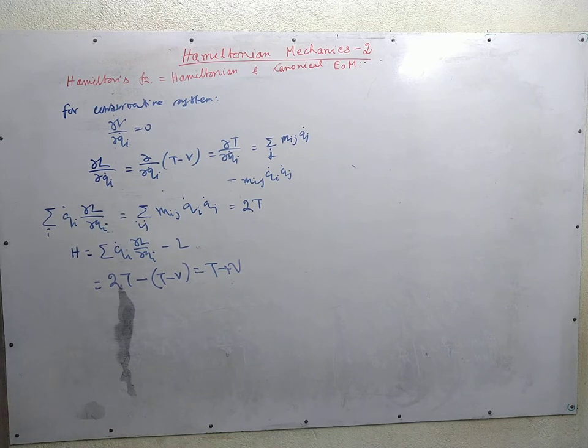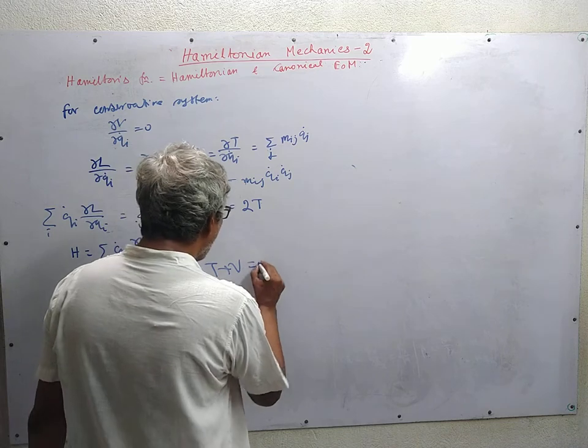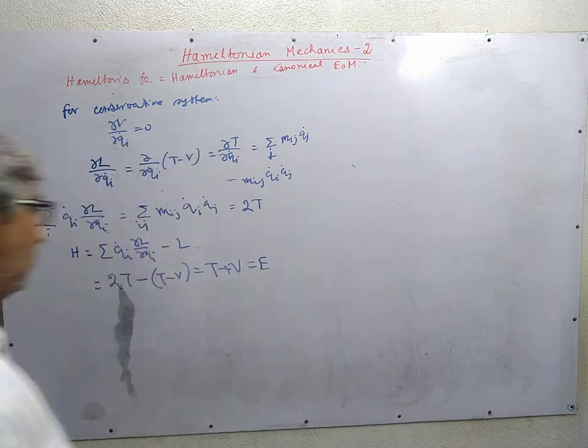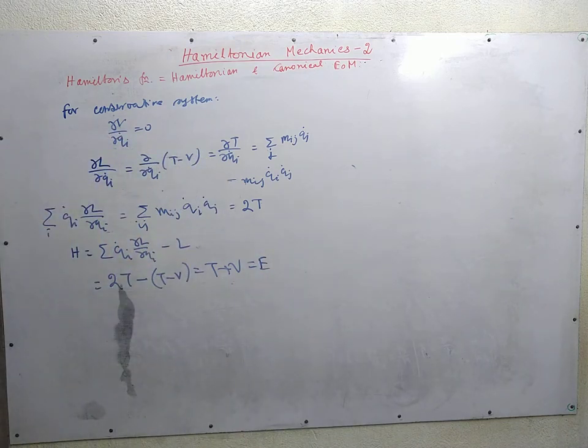So the Hamiltonian is equal to the total mechanical energy when the transformation equation does not involve time explicitly, and the system is a conservative one.